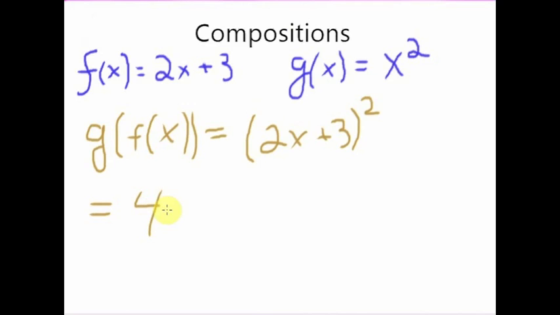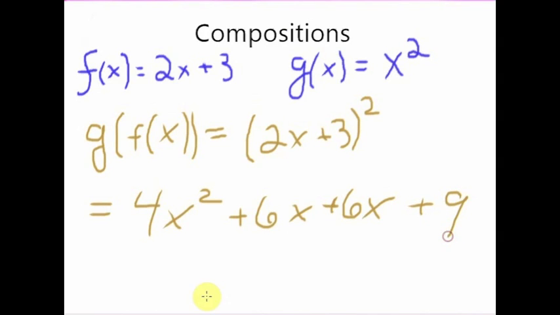So when we FOIL this out, we get 4x squared plus 6x plus 6x plus 9. So g of f of x is equal to 4x squared plus 12x plus 9.